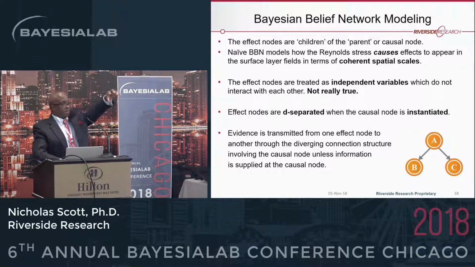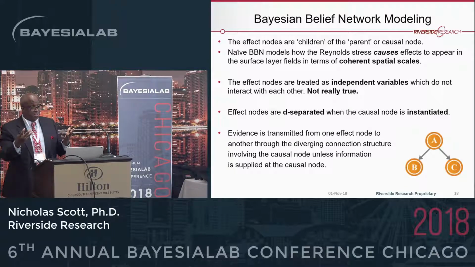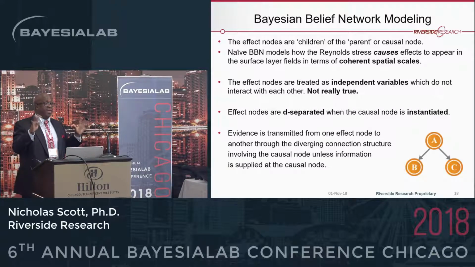The pressure, the concentration, the vertical velocity, from a scientific or a Judea Pearl mentality, those are effects. The stress is the cause. It's not really that way. In turbulence, there is no cause and effect. Everything happens at once.